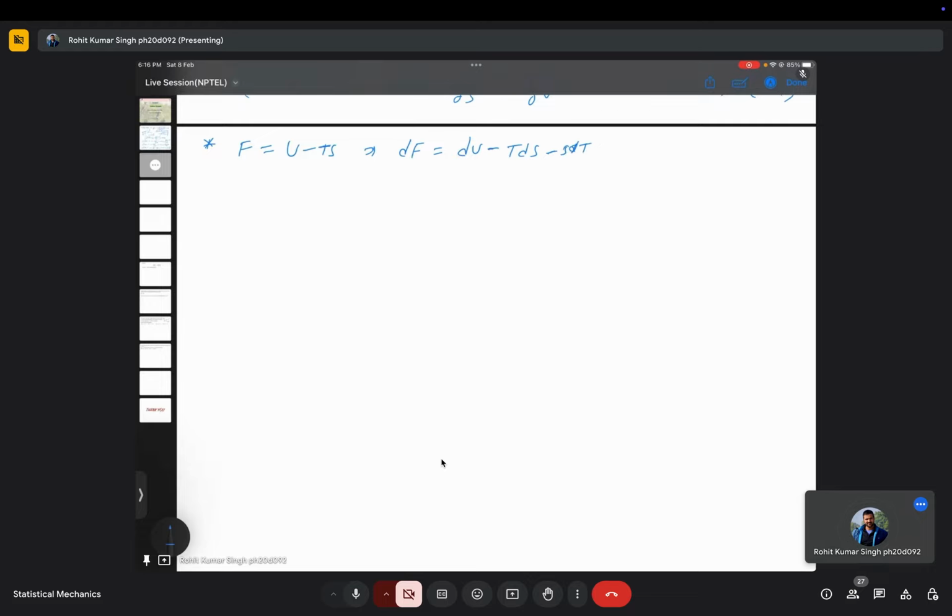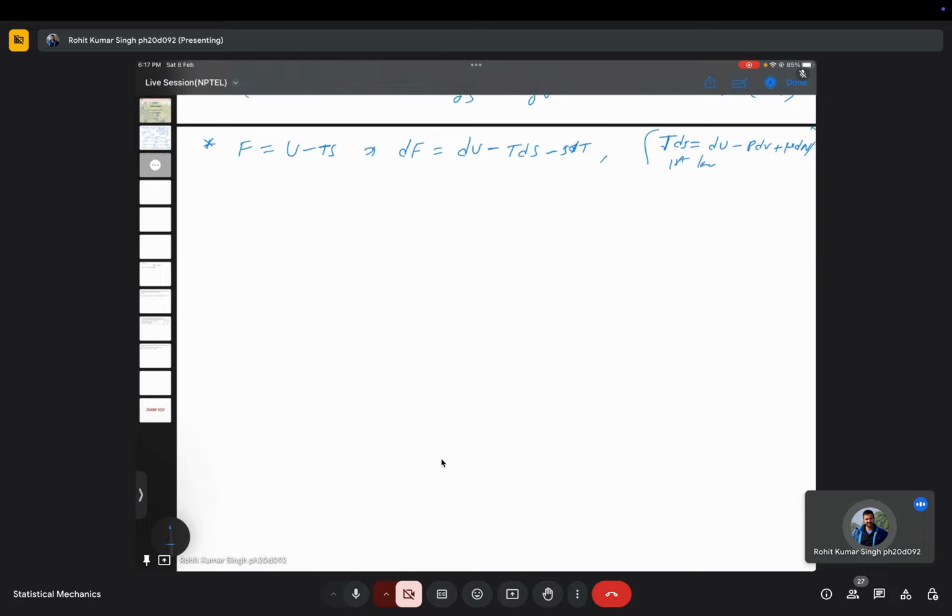Okay, and from first law of thermodynamics, you have TdS, sorry, minus PdV plus mu dN, right? This you have from first law of thermodynamics.